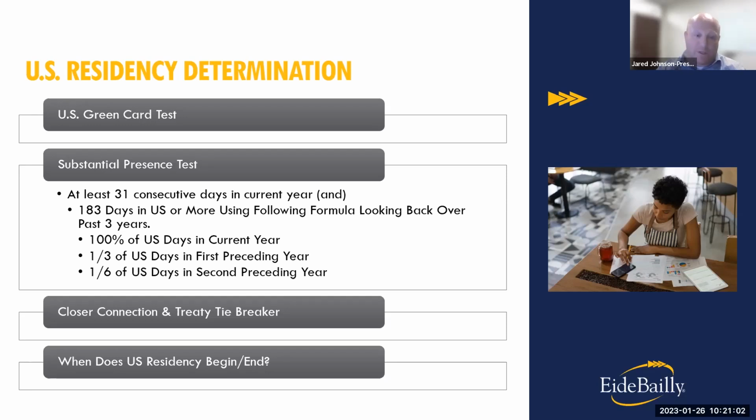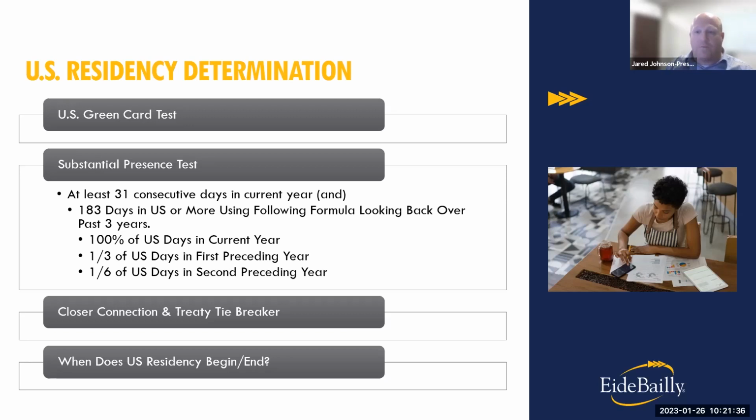Under the substantial presence test, that's how the US looks at residency from a tax perspective. Now there's other things. You can meet this test and still be considered a non-resident of the US by virtue of, in the code section, the closer connection. If you're in the US less than 183 days during the year, then you can qualify under closer connection if you have a closer connection to the UK.